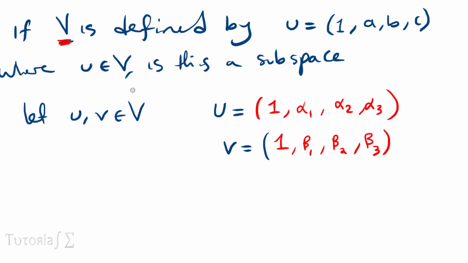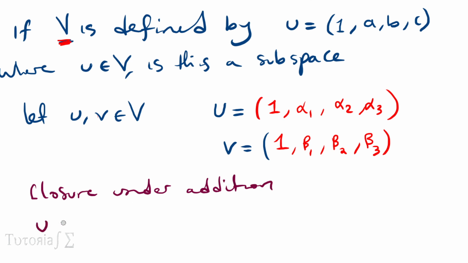So now we need to test the two conditions. The first one is closure under addition. So we should add U plus V. If we add U plus V, are they going to maintain the definition?